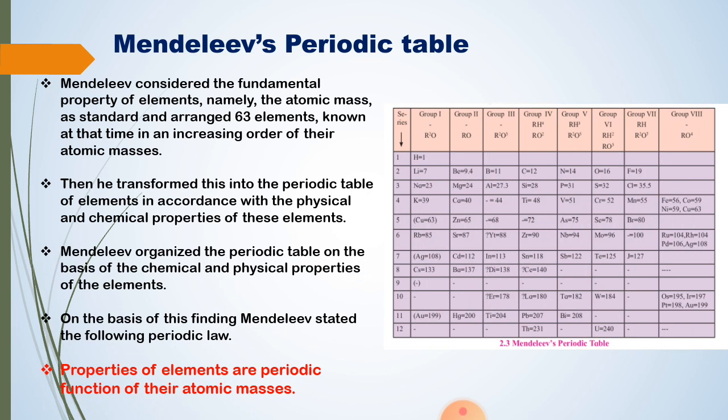He said that atomic mass is very important to place all the elements in a periodic table. So you have to remember the law of Mendeleev's periodic table: the properties of elements are periodic function of their atomic masses. Atomic masses are very important.